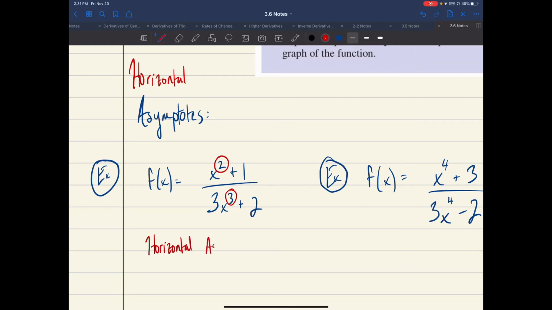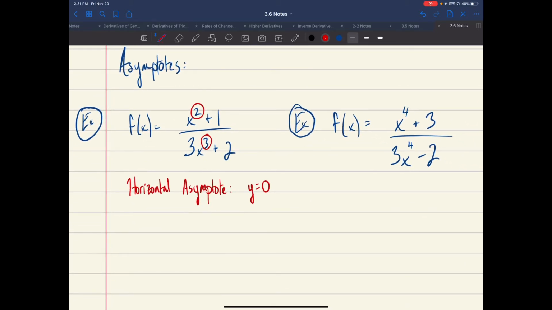I'm going to start abbreviating this because it's too much to write. The horizontal asymptote is going to be y equals 0. And that's going to be when the degree of the numerator is less than the degree of the denominator.